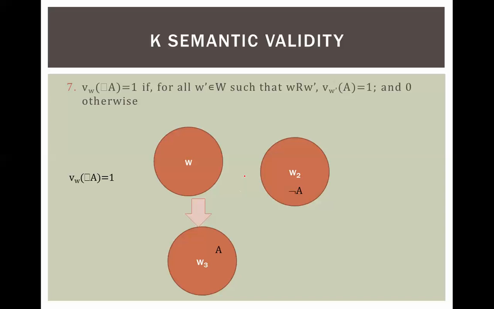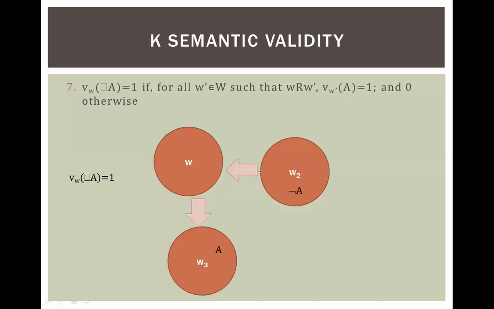Now, it may seem bizarre when you look at this and you say, but if not A is true in some world, doesn't it seem like, well, maybe it does. Maybe it is the case that W has to be related to W2, but if it's not, then you're not worried about that world. And of course, that's also true if W2 relates to W1.